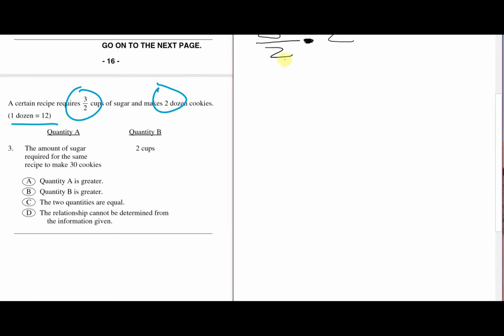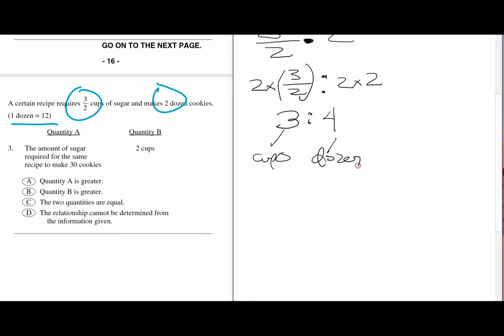Now, what you multiply on one side has to be done to the other. So if you multiply both sides by 2, for instance, 2 goes to 3/2, and this ratio goes to 2 times 2 dozen cookies. So now this is 6/2, which is 3, goes to 4 dozen. So this is cups, this is dozen.